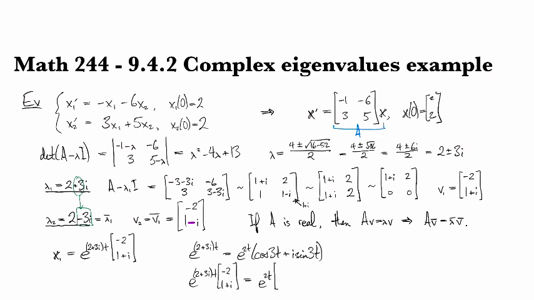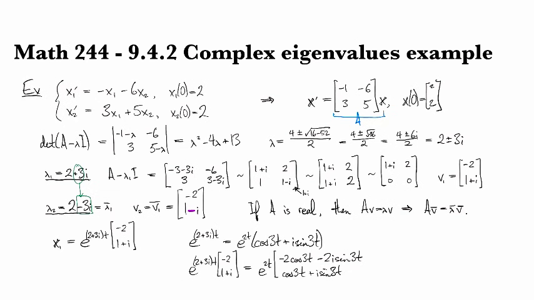So across the top I have minus 2 cosine 3t minus 2i sine 3t, and then across the bottom I'm going to have cosine 3t plus i sine 3t, and then the part multiplied by i, so i cosine 3t, and then i times i sine is minus sine 3t. So we have that one.